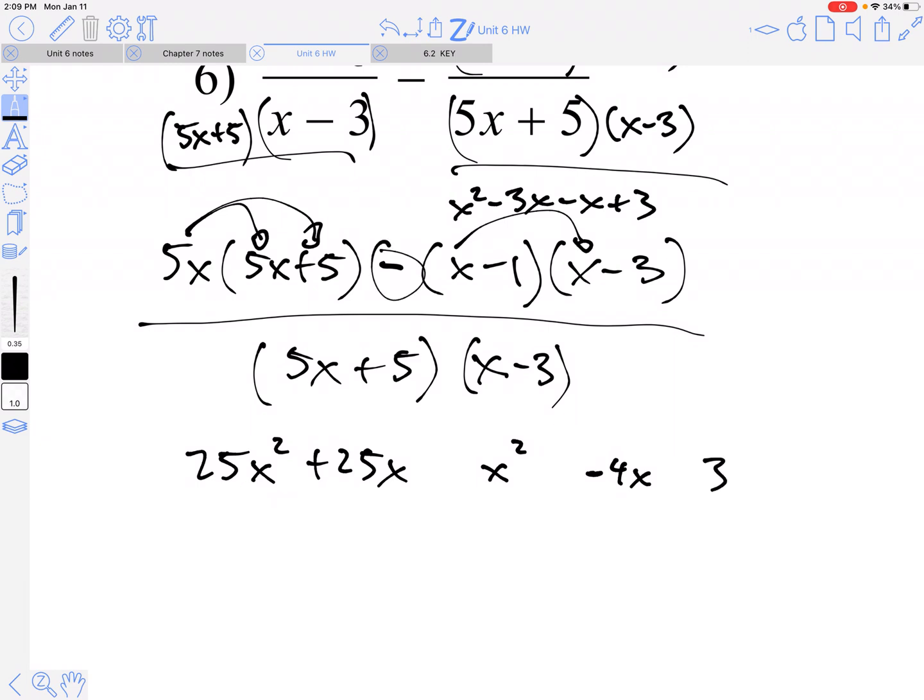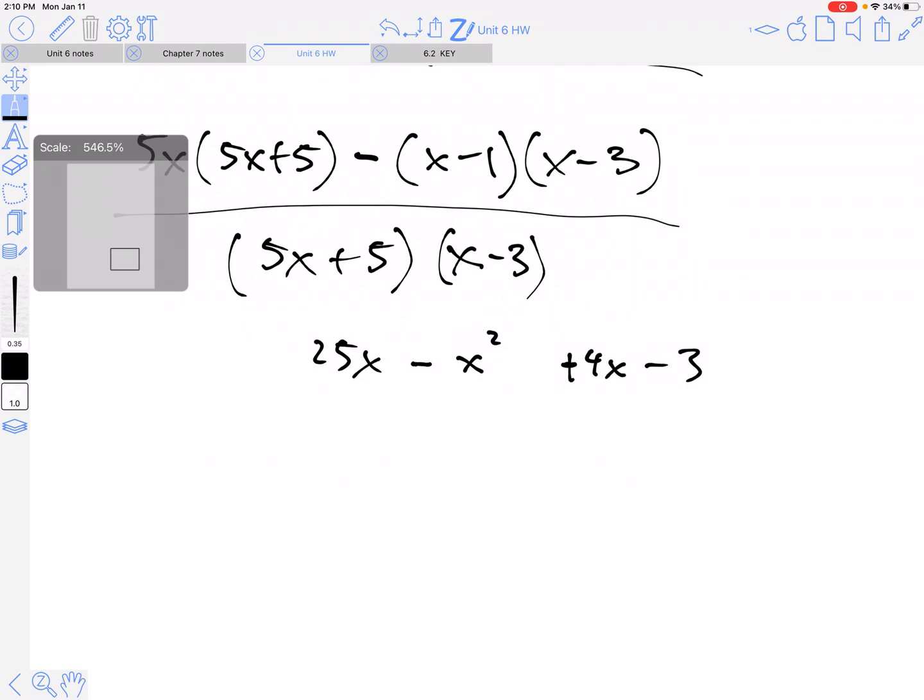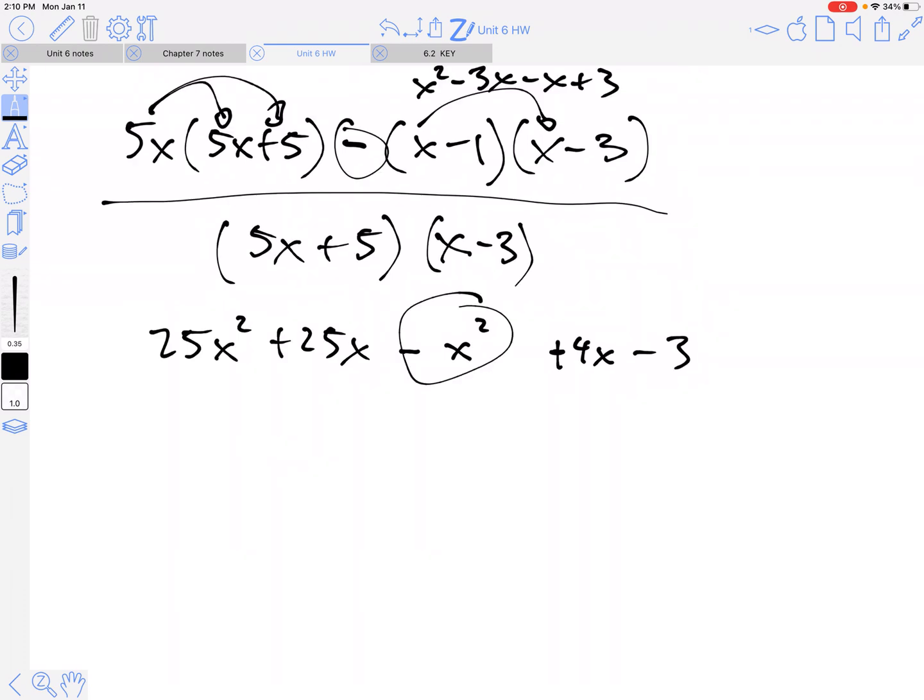Sorry, I'm running out of room. And notice I'm subtracting all the parts following that subtraction sign. So negative, positive, negative.